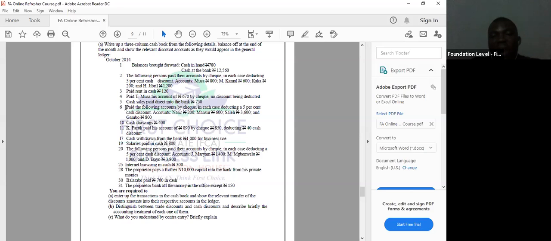So far we are giving out, we now say that there is a 5% discount. And this 5% discount will be regarded as discount received, because we are the ones paying. It's like they are our vendors. Our vendors have given us the go-ahead to pay less if we are able to pay earlier.